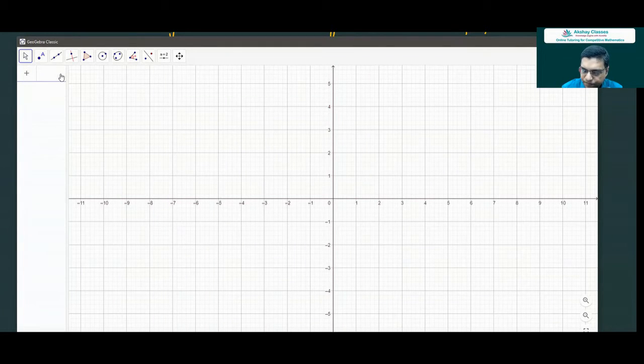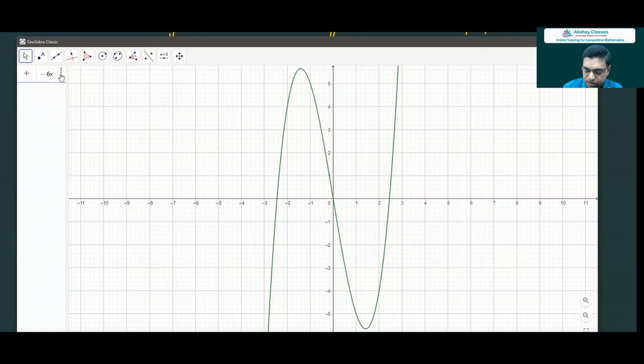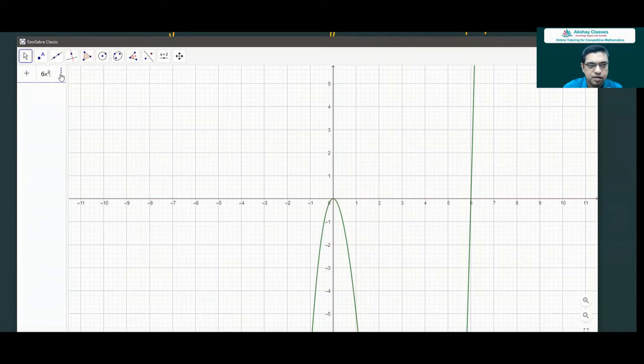So y equal to x cubed minus 6x squared plus 9x.